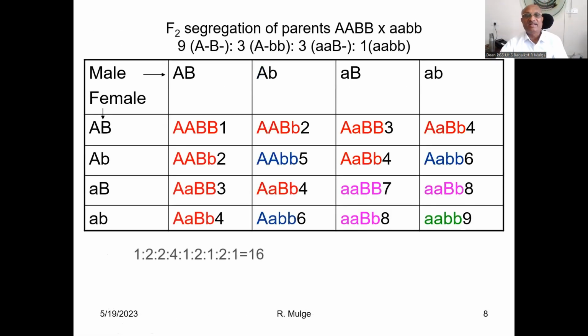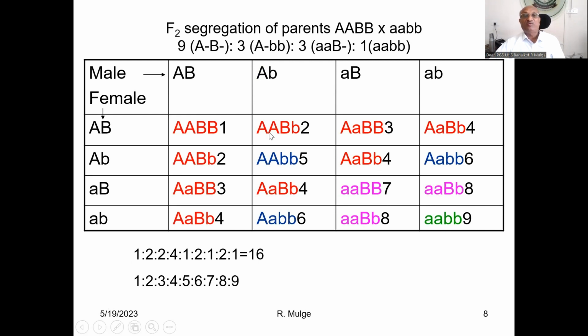What I already explained, but I just wanted to mention the genotype ratio. There are 9 different types of genotypes. The first one is homozygous for both the genes; only one plant is there.